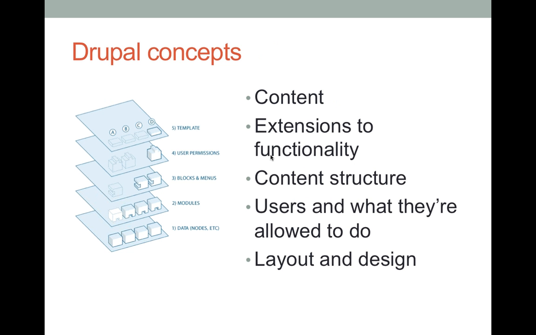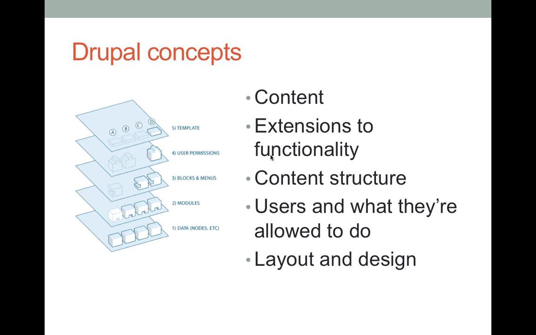Okay. I'm just going to introduce you to a few concepts and explain them here. The diagram on the left indicates some of Drupal's terminology. I'm going to start from the bottom, number 1, so data, content in other words. Drupal's term for that is nodes. You will encounter that word quite a lot, so it's worth mentioning.